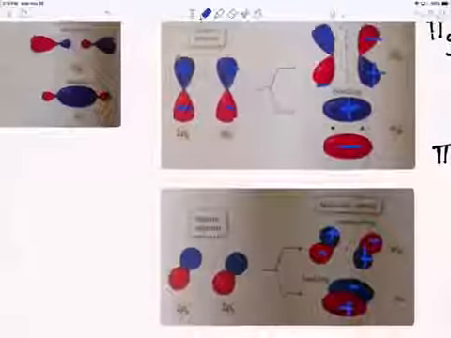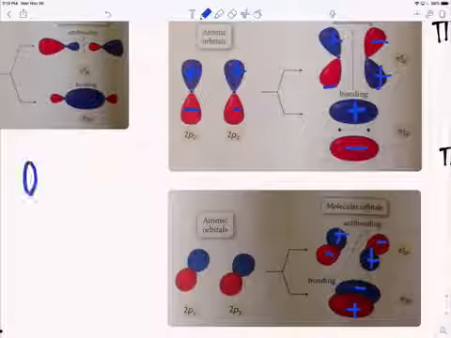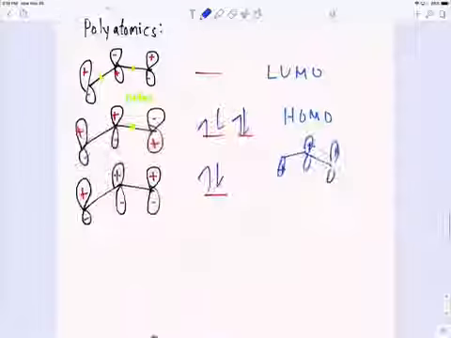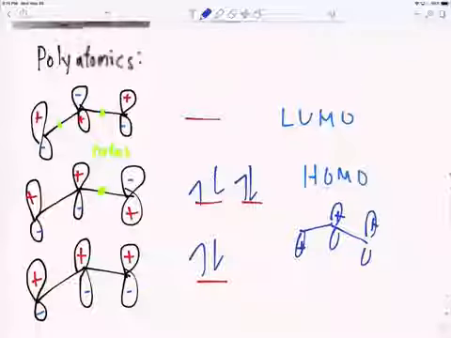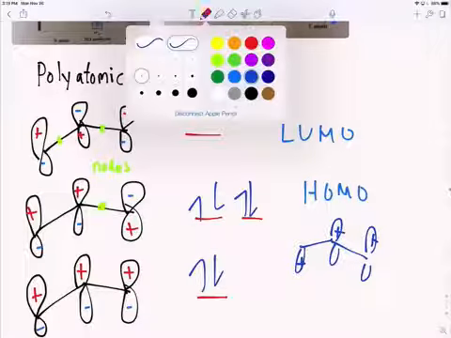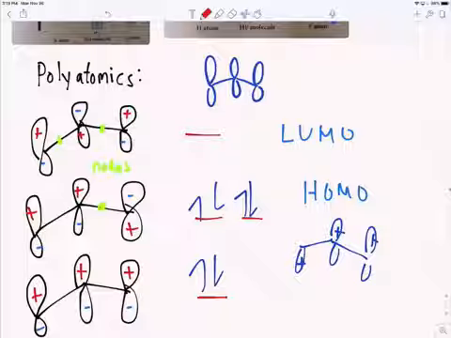So if you have 3, I'll just go back down. It's easier to see here. This is for ozone, by the way. So if you have 3, you have 4 orbitals you can form from this.